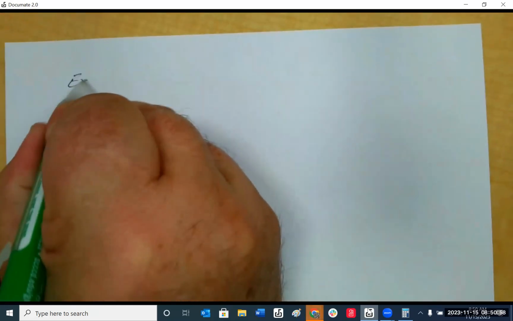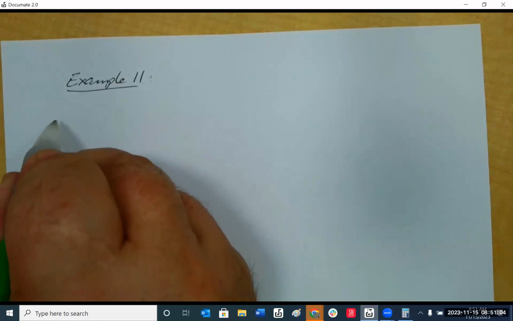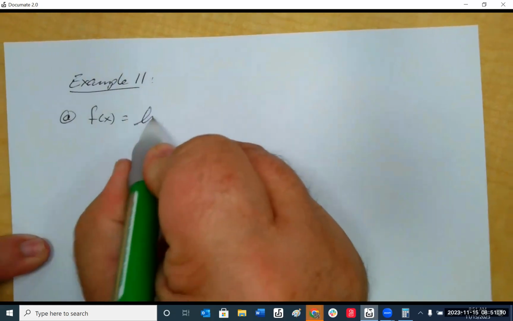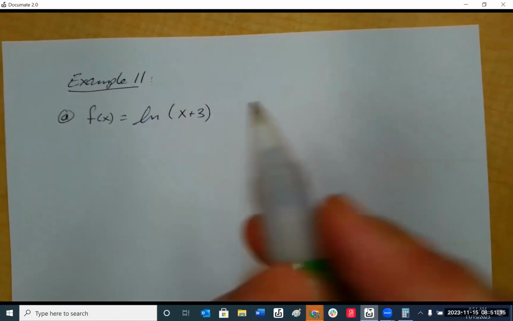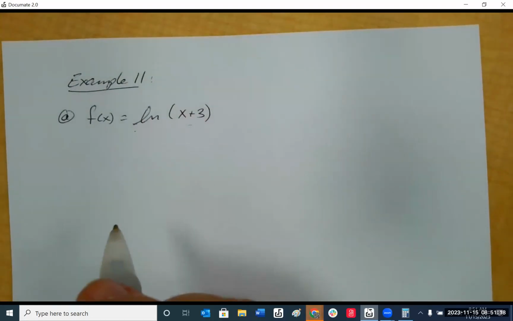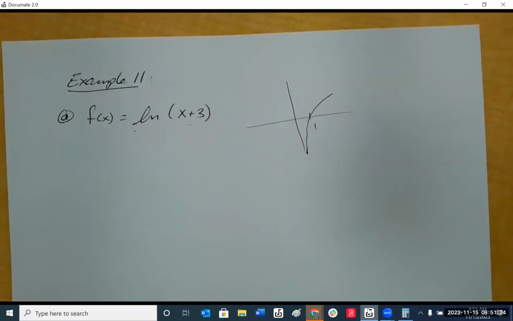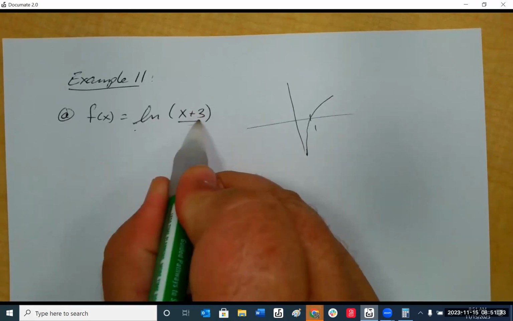So example 11. Remember the transformation chapter? What kind of shift is this one going to be? Because the original graph looks like this. What is this one going to do? It's a horizontal shift.